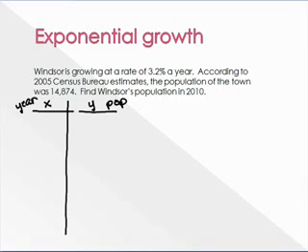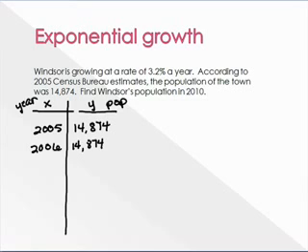Okay, so in 2005, we were at 14,874. Okay, so if it's growing at 3.2% a year, then to figure out what the population was in 2006, we could take the population from the year before and multiply it times 0.032, right? And that'll tell us how much growth we had.